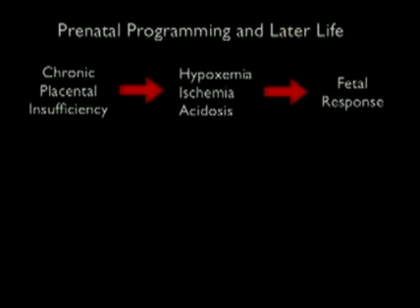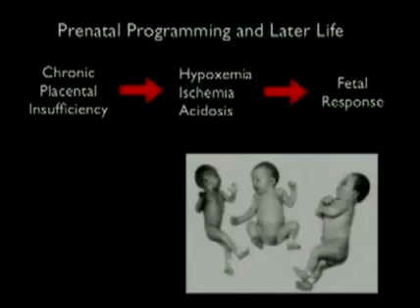And the basic idea is that if the fetus is exposed to a hostile intrauterine environment due to chronic placental insufficiency, that there are some adverse environmental factors such as hypoxemia, ischemia, acidosis, and depending upon how that fetus responds to those environmental insults will depend on how the baby turns out, being small for gestational age, low birth weight, normal, or macrosomic.